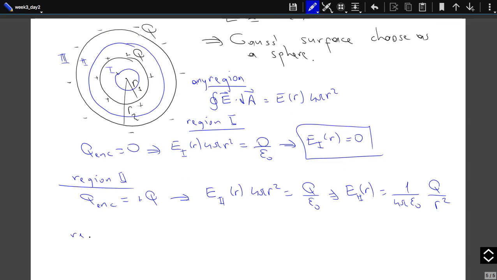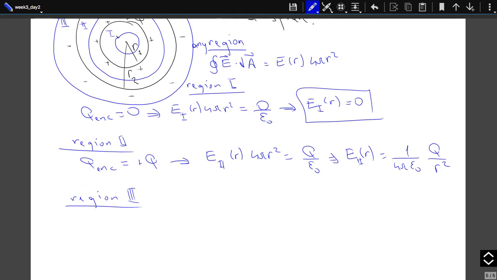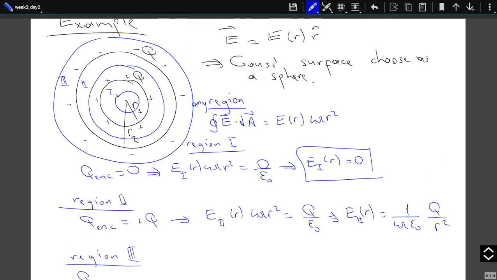And finally, region 3. So we imagine such a Gauss surface which entirely lies in region 3. What is Q enclosed? Well, the total charge inside region 3: I have plus Q charge, I have minus Q charge.